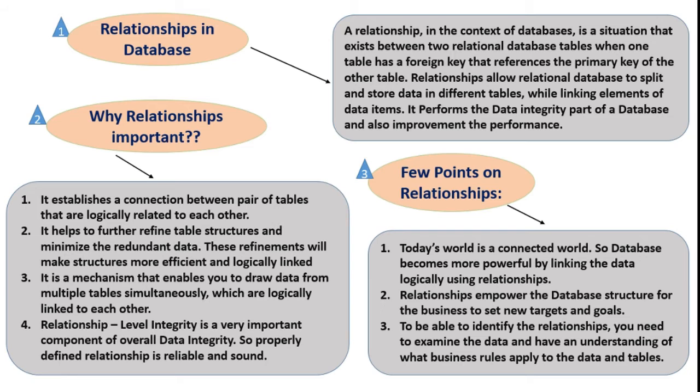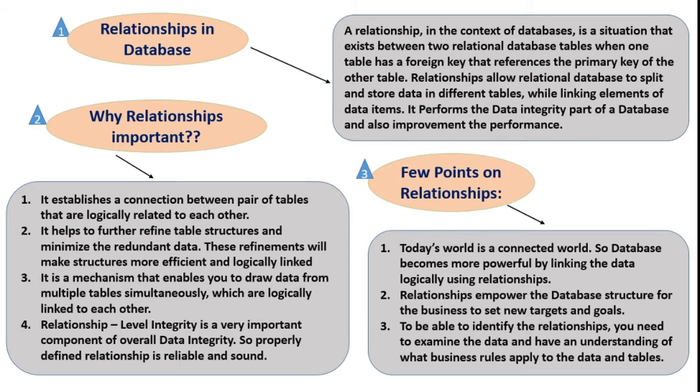So the next point is, why are relationships important? I have listed a few points here, and we can see them one by one. It establishes a connection between pairs of tables that are logically related to each other. It helps to further refine table structure and minimize redundant data. We are talking about normalization. These refinements will make the structure more efficient and logically linked.